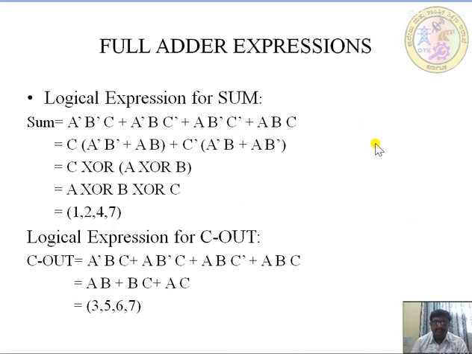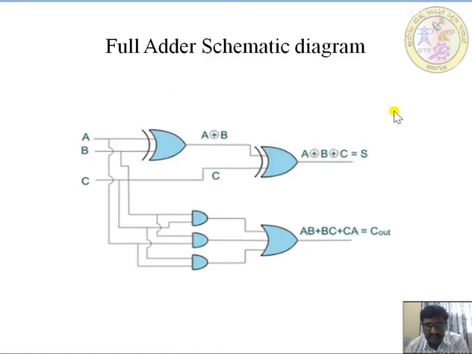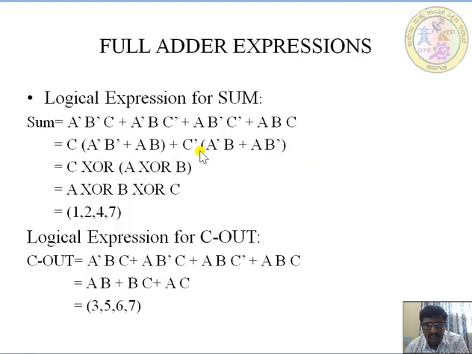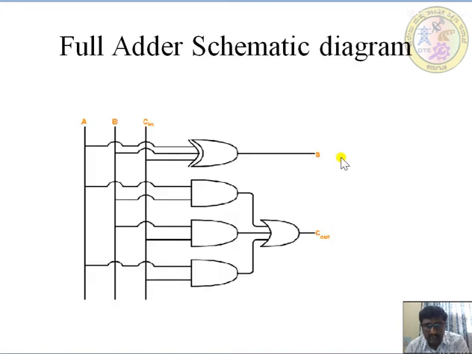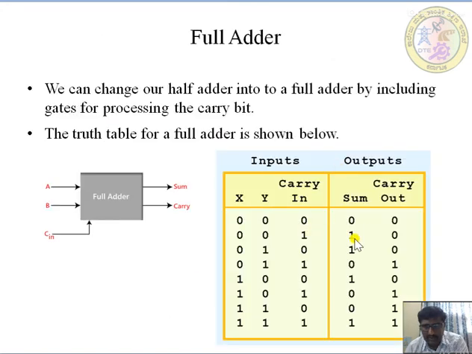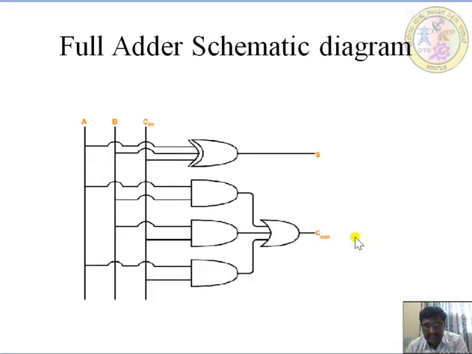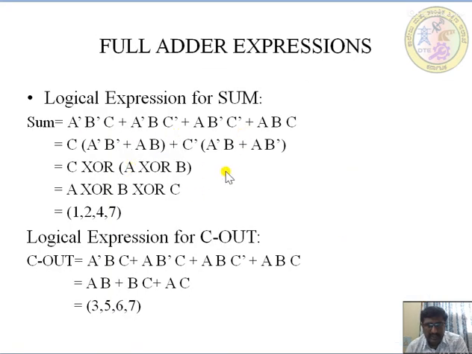Okay, next. The same thing has been reduced for this expression. We are now reducing it to see how you get the expression. Here, sum is equal to A bar B bar C plus A bar B C bar plus A B bar C bar plus A B C. They have taken this from the truth table, where we are representing only the ones, like A bar B bar C. Now they reduce the expression by applying Boolean laws.